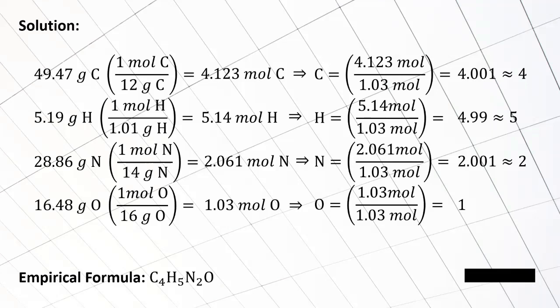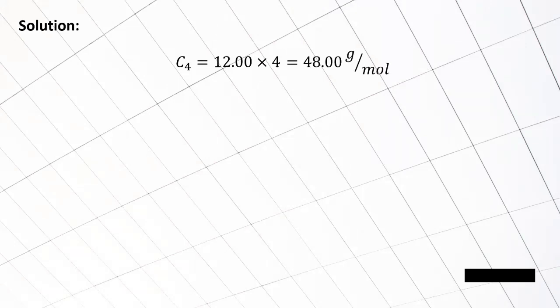And in order to determine the empirical formula mass, we will just have to get the molar mass of our empirical formula. So, we know that carbon has 12 grams on every mole. And since we have 4 moles of carbon according to our empirical formula, we'll just multiply 12 grams by 4. By multiplying 12 grams by 4, we will have 48 grams per mole. Same also for the following process.